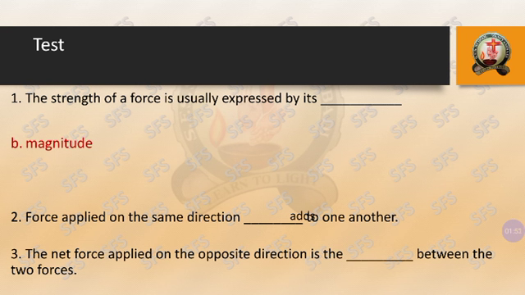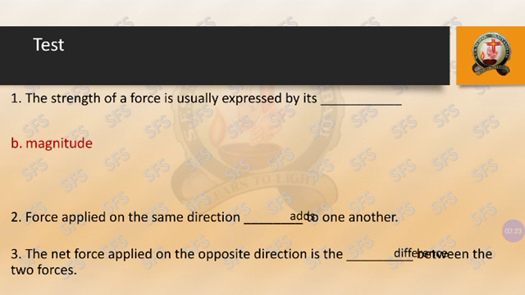The next question: the net force applied in the opposite direction is the dash between the two forces. It is the difference between the two forces. When we apply force in the opposite direction, it nullifies the force of one object with another object. I quoted various examples, the tug of war game, and a person trying to push the table in the opposite direction.